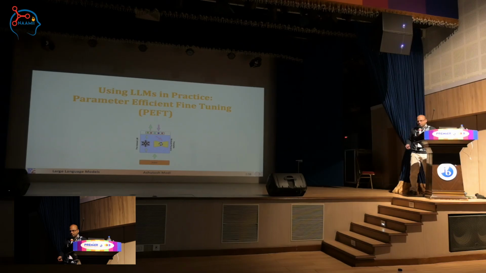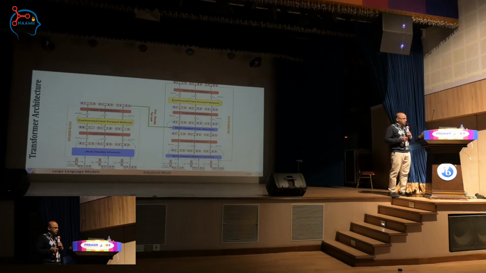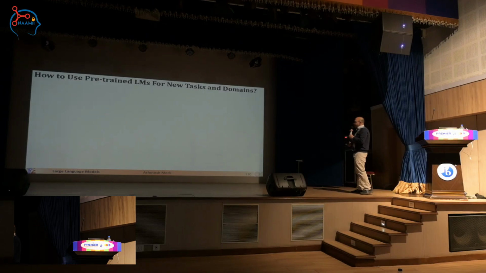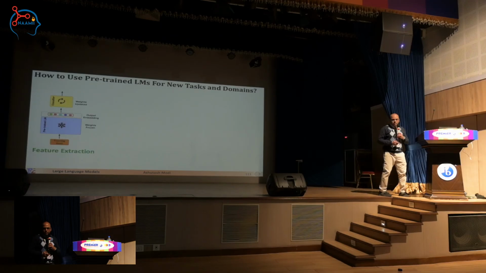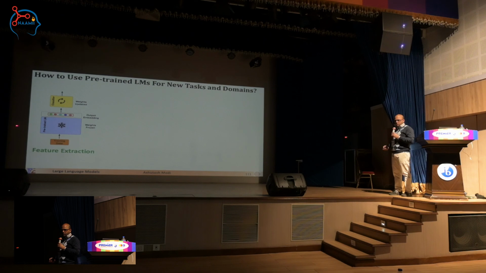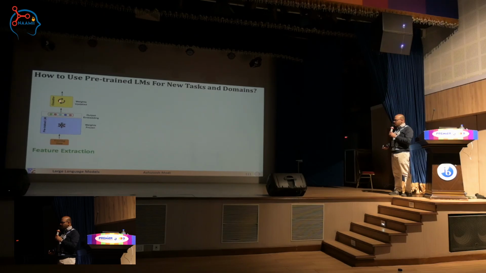All right, so we already know about the transformer architecture. Now let's see how to use a pre-trained LLM for new tasks and domains. One way is, let's say you have a pre-trained language model with frozen weights. You pass your input to the model and you get an output embedding or representation for the input. Then using this representation, you can train a simple machine learning classifier.